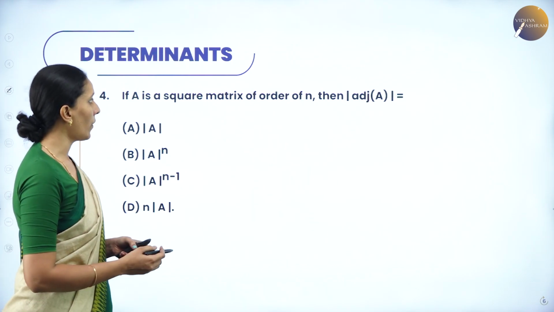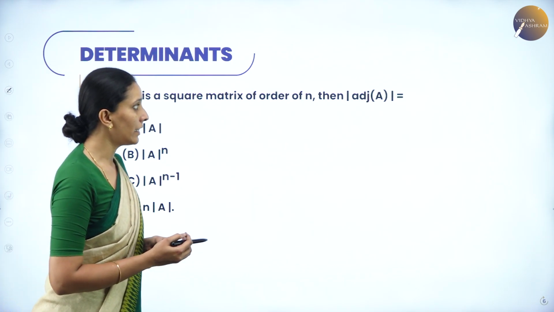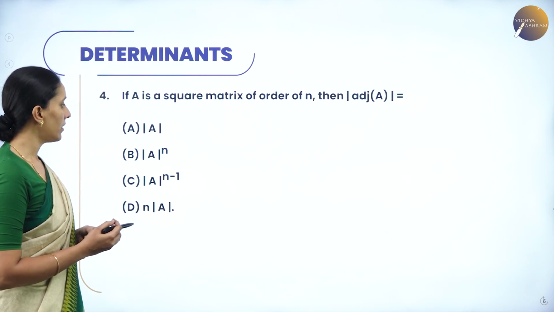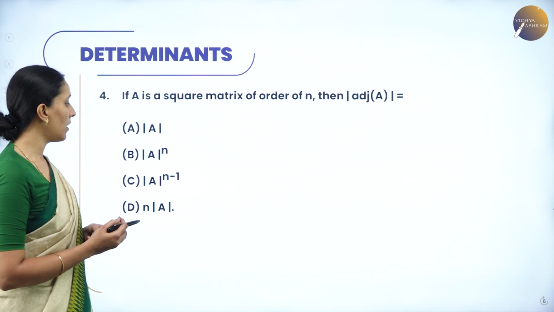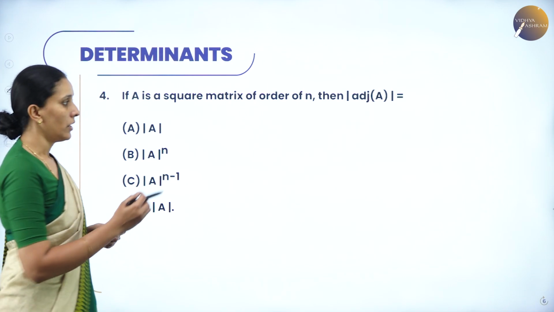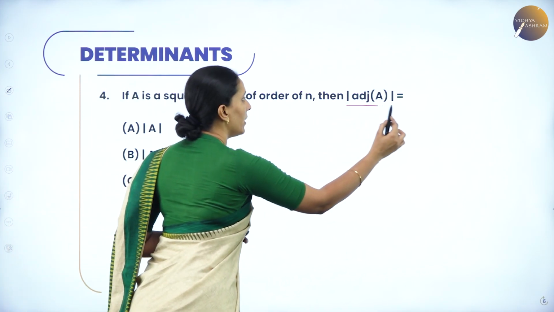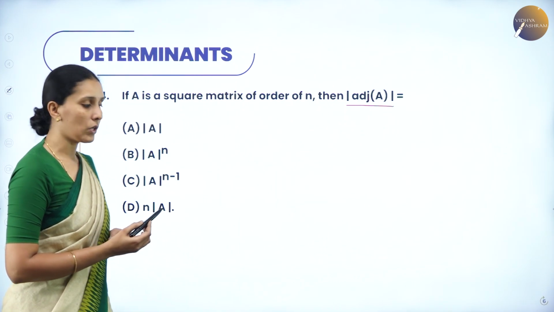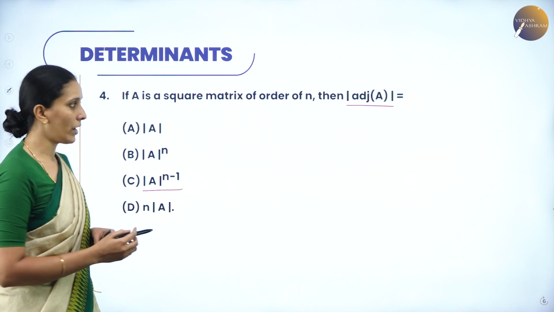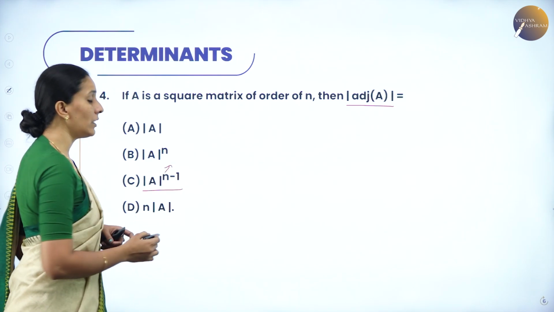Next, if A is a square matrix of order n, then determinant of adjoint A is equal to determinant A to the power n, determinant A to the power n minus 1, or n into determinant A. So basically, determinant of adjoint A is always equal to determinant A to the power n minus 1, where n is the order of the matrix.